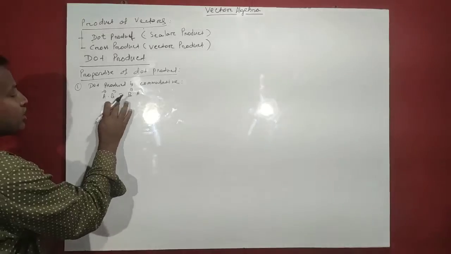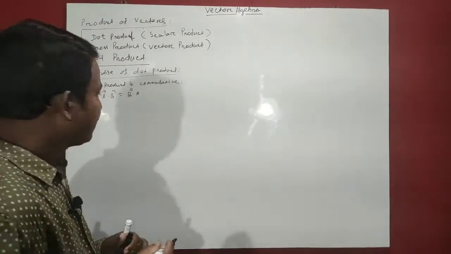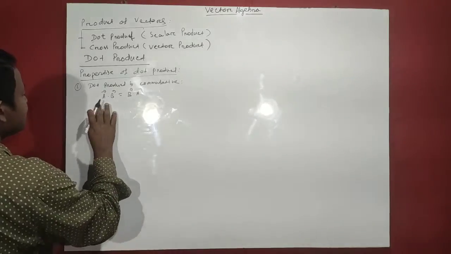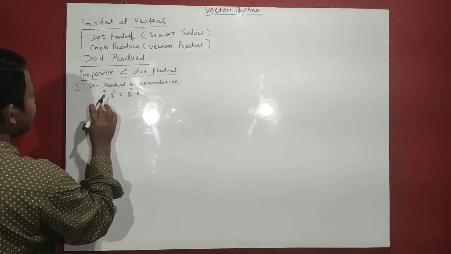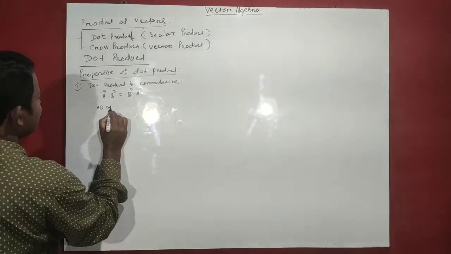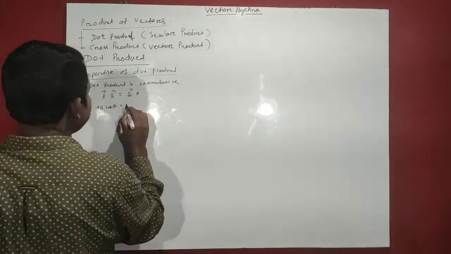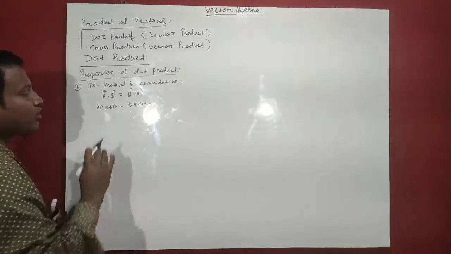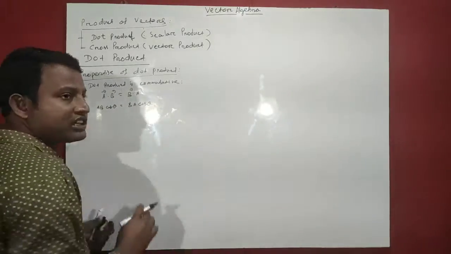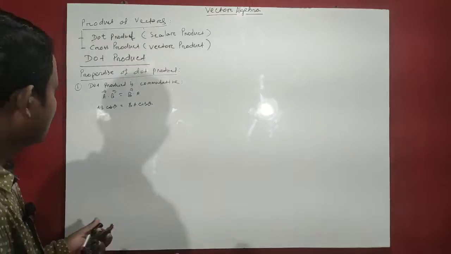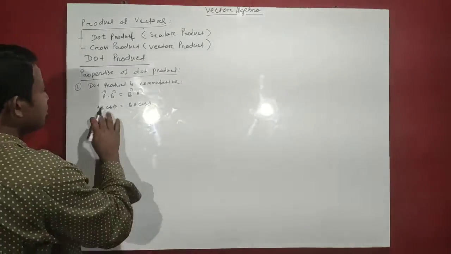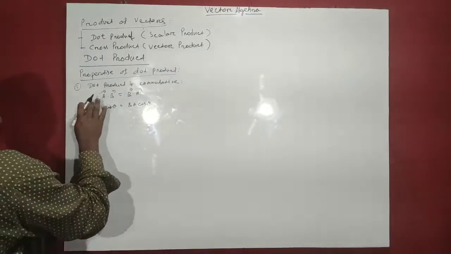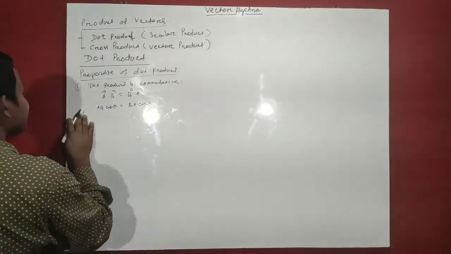A dot B is equal to B dot A. According to the definition, A dot B is AB cos theta and B dot A will be BA cos theta. Guys, AB cos theta and BA cos theta both are the same, so there is no change in the result. So dot product is commutative.